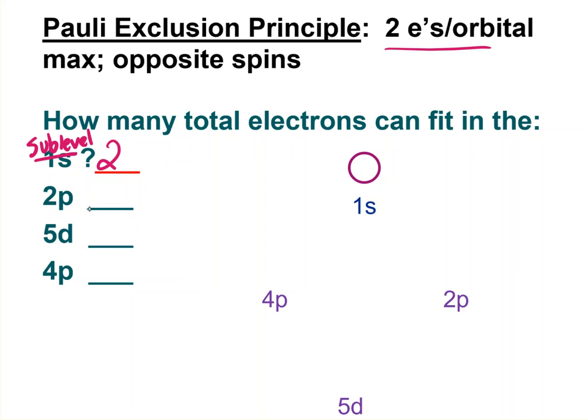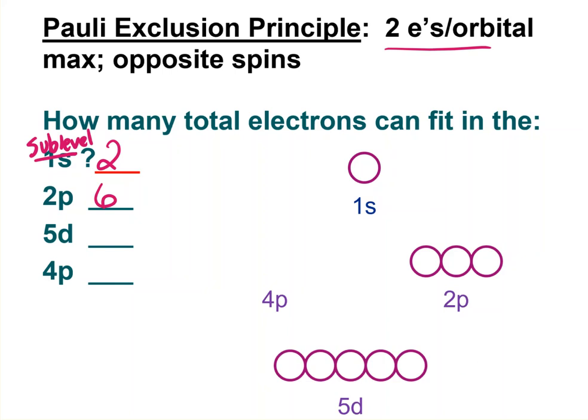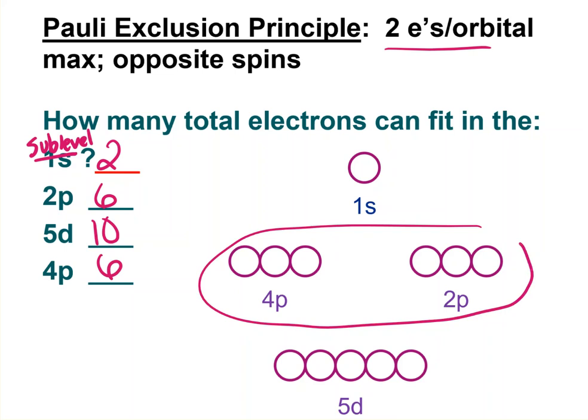The 2p sublevel has 3 orbitals because p's always come in sets of 3, so I can have 2, 4, 6 electrons. The 5d sublevel, d's always come in sets of 5, each one can hold 2, so I could have 10. The 4p sublevel again has 3 orbitals, so I could have 6 again. Notice that it didn't matter which principal energy level I was in. The p's come in sets of 3, and so I'll have 6 electrons that can fit.